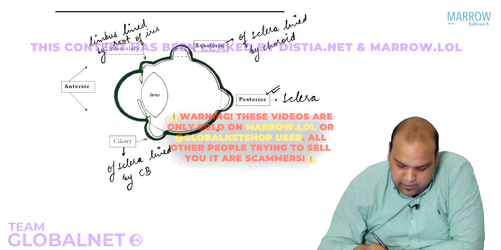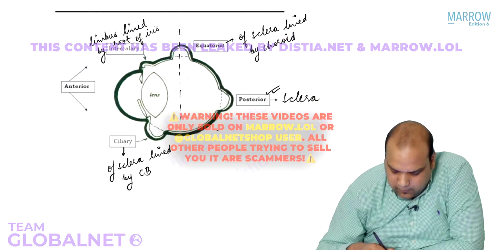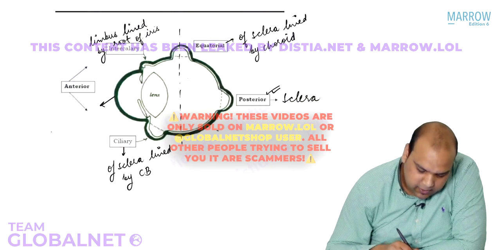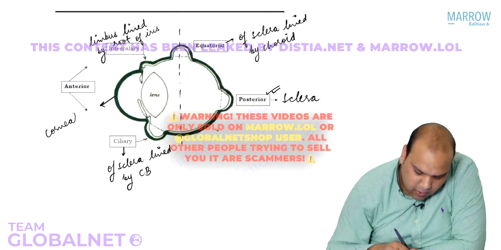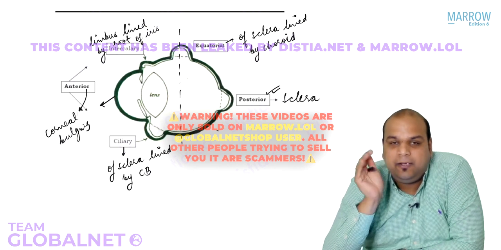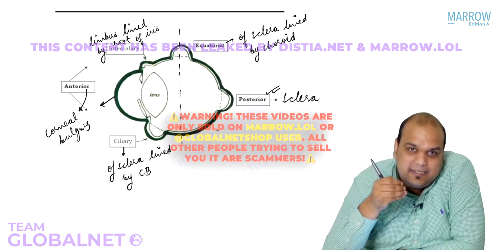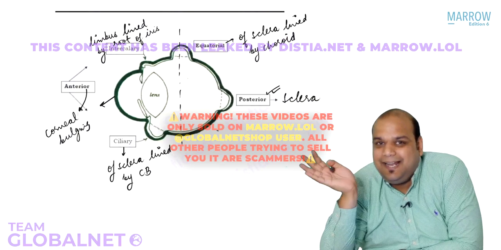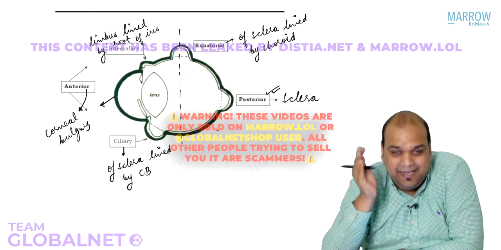It is called equatorial because it is occurring at almost the center part of the eye. But if bulging occurs in the cornea, everybody, then I will call it anterior staphyloma. Am I clear to everybody here? So anterior staphyloma, cornea, posterior staphyloma, sclera, anterior, posterior, intercalary.